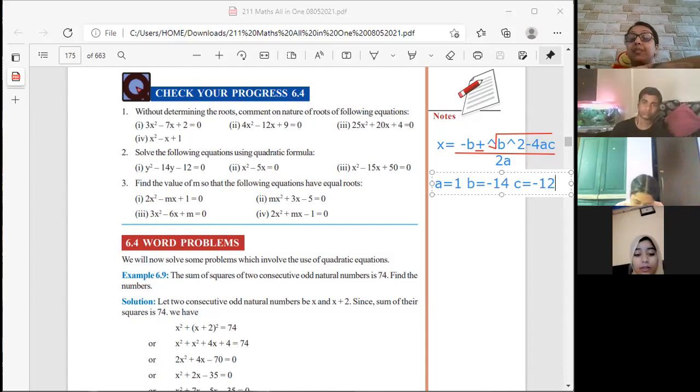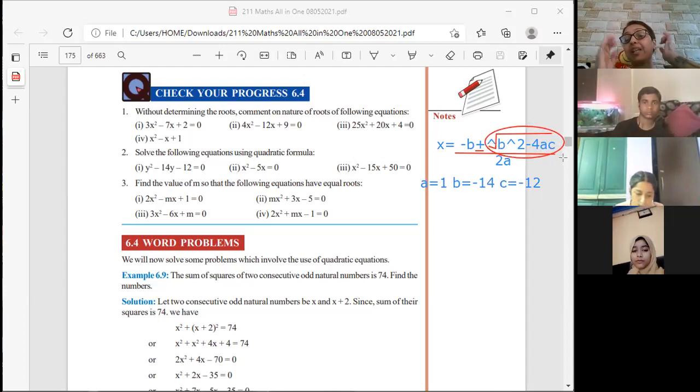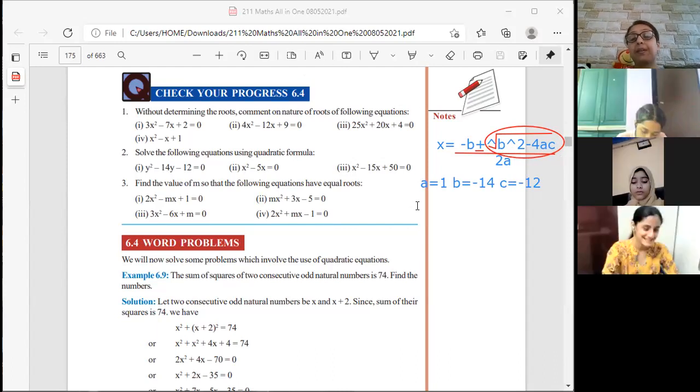Minus 12. Okay. Now the first thing we will do is find out b square minus 4ac. We will find out this determinant first. This much part you should find out before you start solving in the formula, and then we will substitute whatever we get here in the formula and solve the answer. Getting me? Okay.